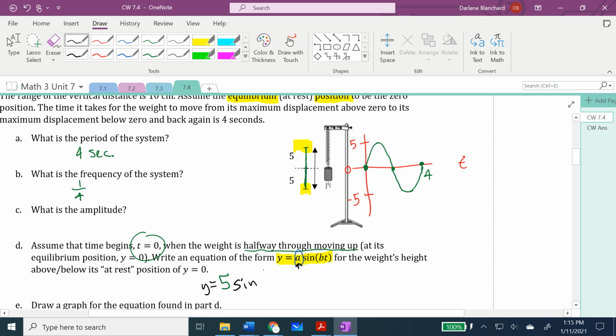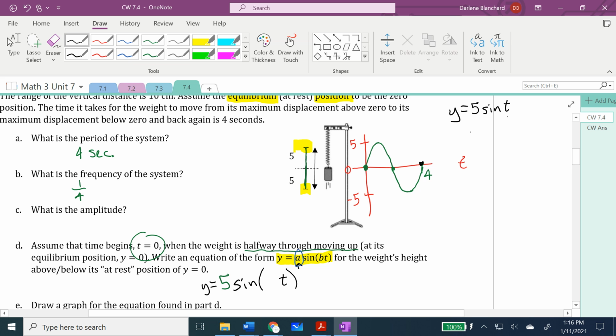times the sine of something times t. Now, there are different ways you can go about this. Know that if I look at the function of 5 sine t without the b being multiplied, for that graph, this x-coordinate would be at 2 pi.